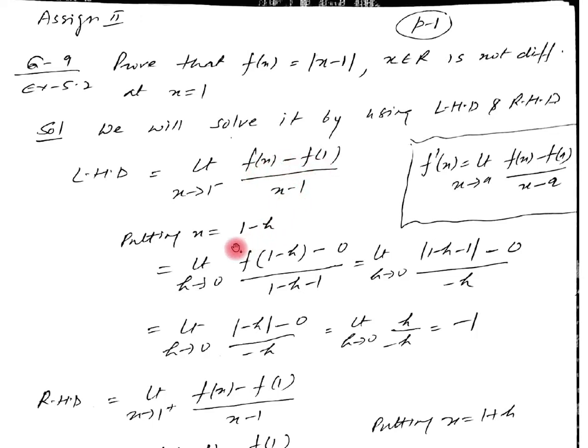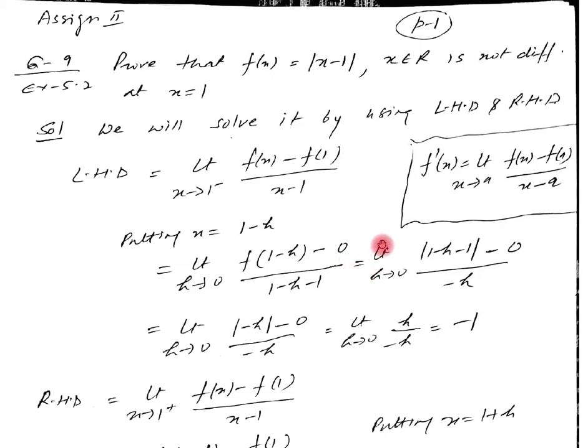To find the left hand derivative, we put x equal to 1 minus h. By putting x equal to 1 minus h in the function, we get limit h tends to 0, f(1 minus h) minus f(1), and f(1) is 0, so it becomes f(1 minus h) minus 0 upon (1 minus h minus 1).